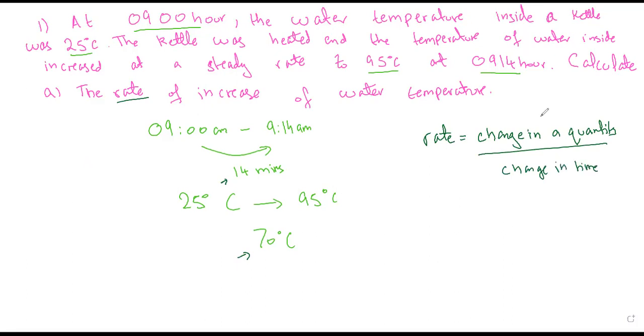Okay, so change in quantity, 95 degrees हो गया था from 25 degrees, that is 70, and change in time 9 a.m. to 9:14 a.m. था change, तो change was of 14 minutes. Okay. Now the answer is 5 degrees per minute. This means that after every minute, the temperature was increasing by 5 degrees.